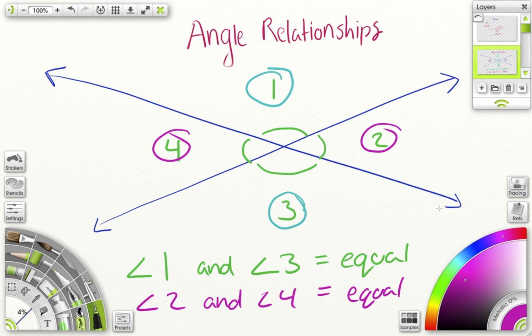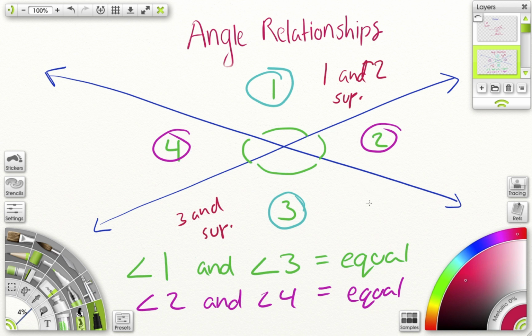Okay? That means these angles that are right beside each other, let's say 1 and 2, are supplementary. I'm just going to write supplementary as a short form. Angle 3 and 4 are also supplementary. So that means 3 and 4 added up together equal 180. Angles 1 and 2 added up together equal 180.